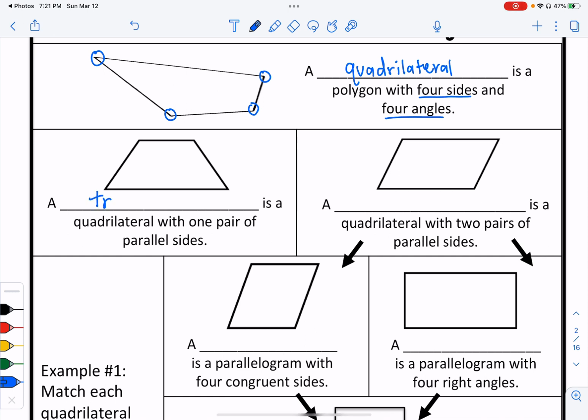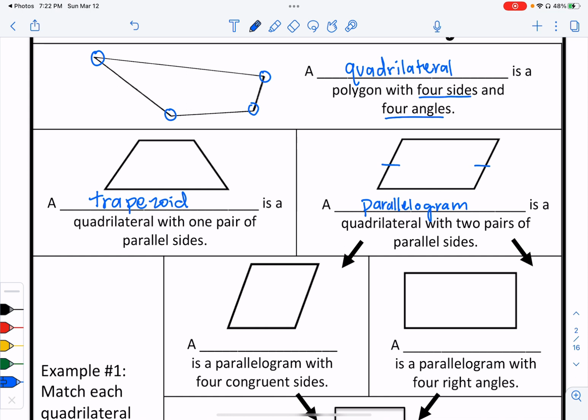That is very important. Okay, our next thing is, this one is a trapezoid. We talked about 2 types of trapezoids earlier. This one's only going to focus on one of them. So it's a quadrilateral with 1 pair of parallel sides. This is a parallelogram. It has 2 pairs.